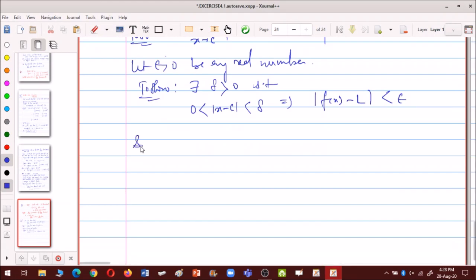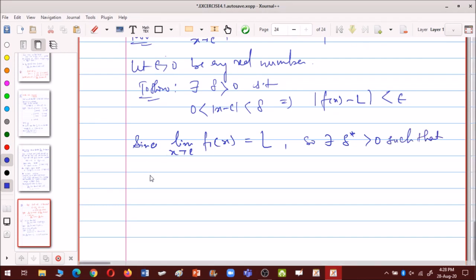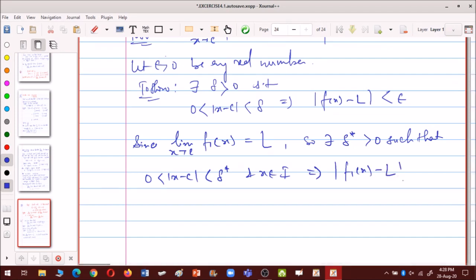Since limit x tends to c, f1(x) is equal to L, there exists delta star greater than 0 such that 0 less than |x minus c| less than delta star and x belonging to I, because I is the domain of f1, implies |f1(x) minus L| is less than epsilon.